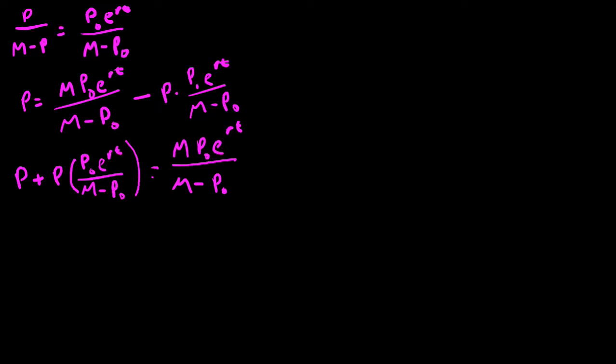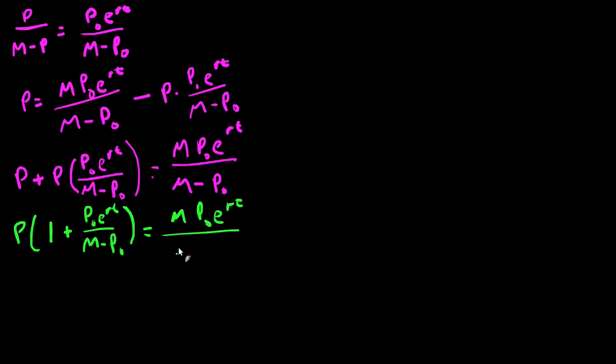I'm going to factor out this p here and get p times 1 plus p naught e to the rt over m minus p naught. That will equal m p naught e to the rt over m minus p naught.